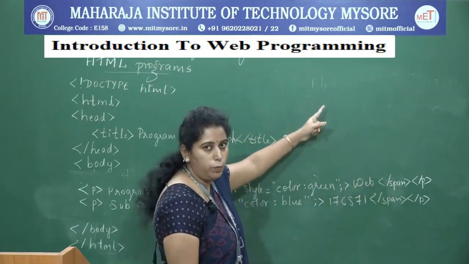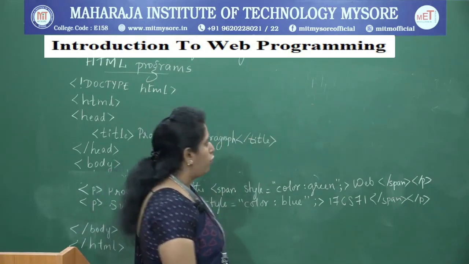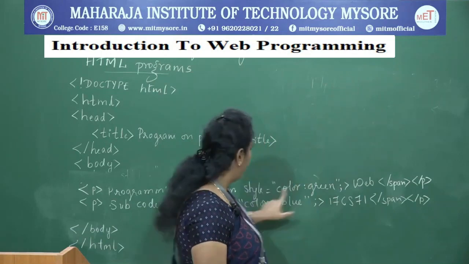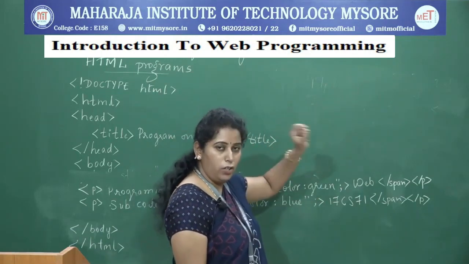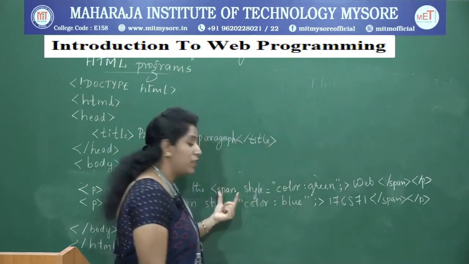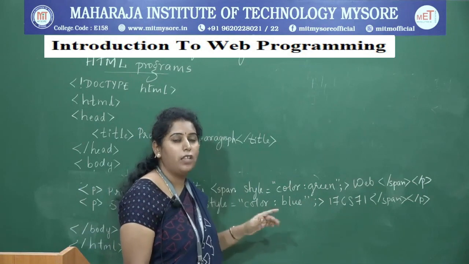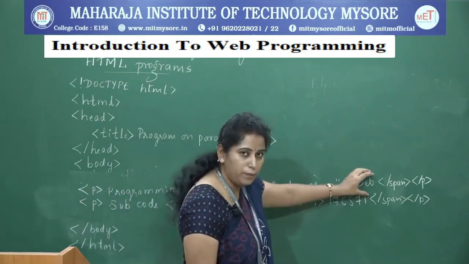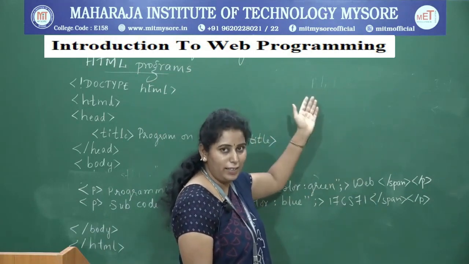Now you can look into the output. Programming the web is printed in which color? I have given green, right? You can notice green. And I told you that span is an inline element which does not start on a new line. So since the text web is not printing on the next line, a new line will print actual, is it right?